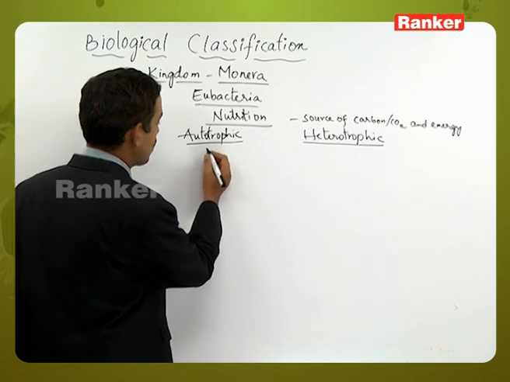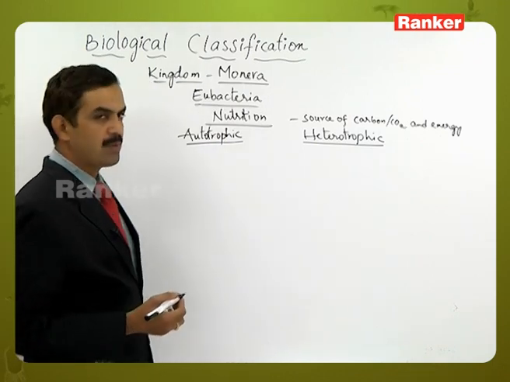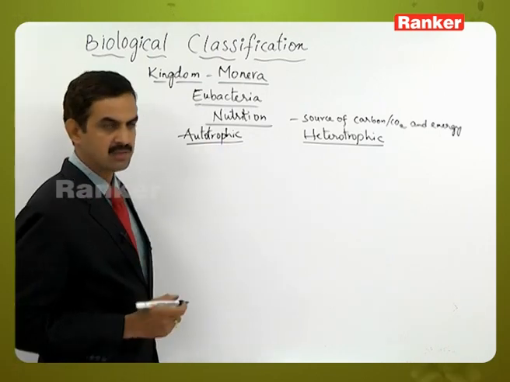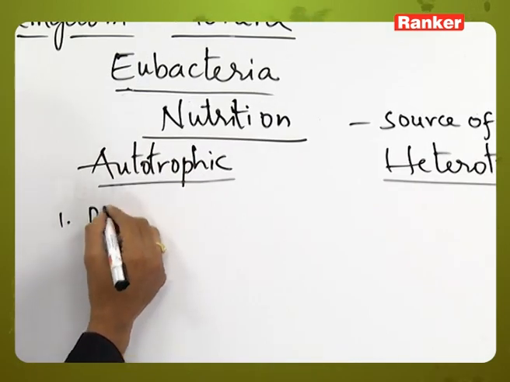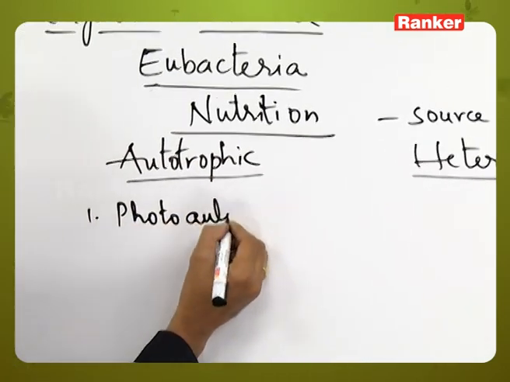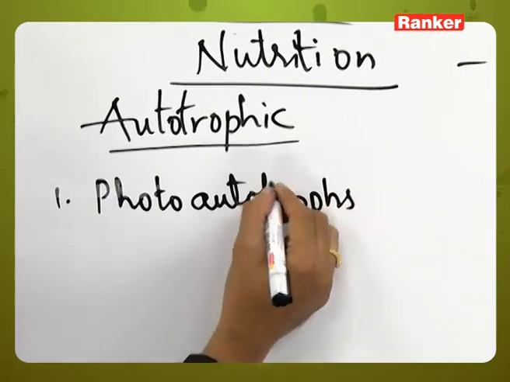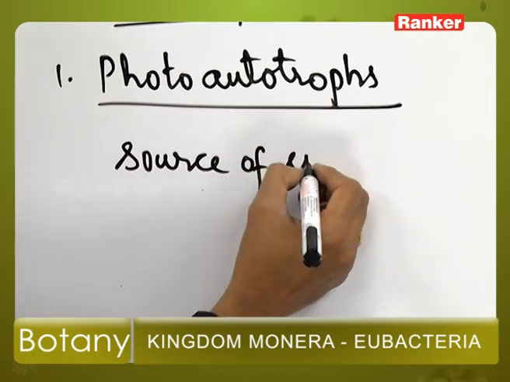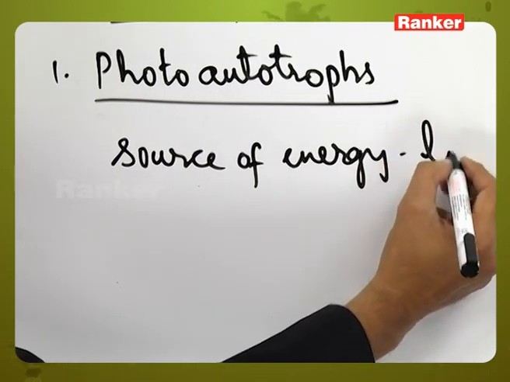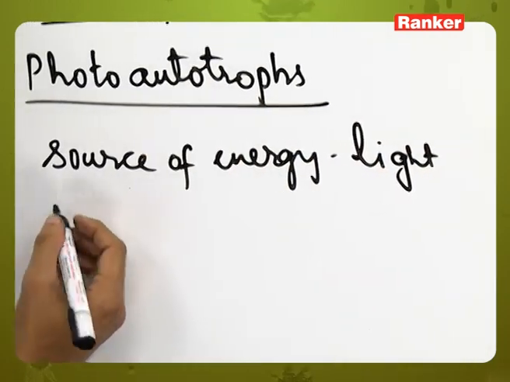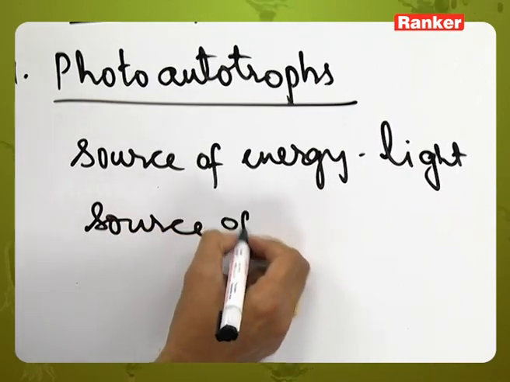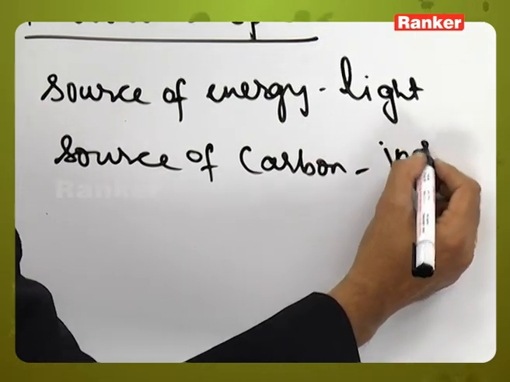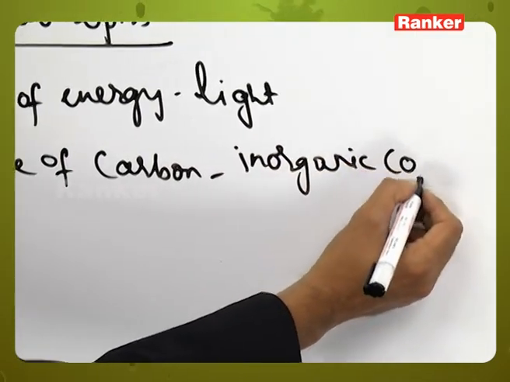So let us start with the first one, autotrophic, which can prepare their own food materials by performing either photosynthesis or a chemosynthetic process. Let us start with photoautotrophs. Here photo means light, that is, the source of energy in these bacteria is light, and the source of carbon is inorganic carbon dioxide from the atmosphere.